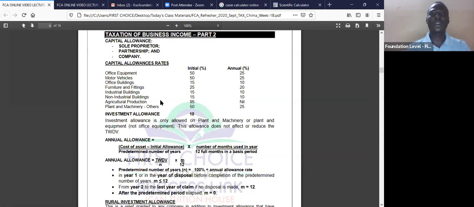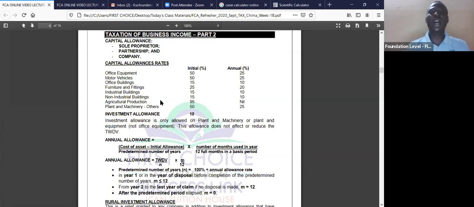You see that August, September, October, November, December, we have used 5 months for that basis period. But for initial allowance, you don't prorate. What you do is you take the full 50% off as a capital allowance. Even if it is 1 day, you use it in that basis period, you don't prorate.